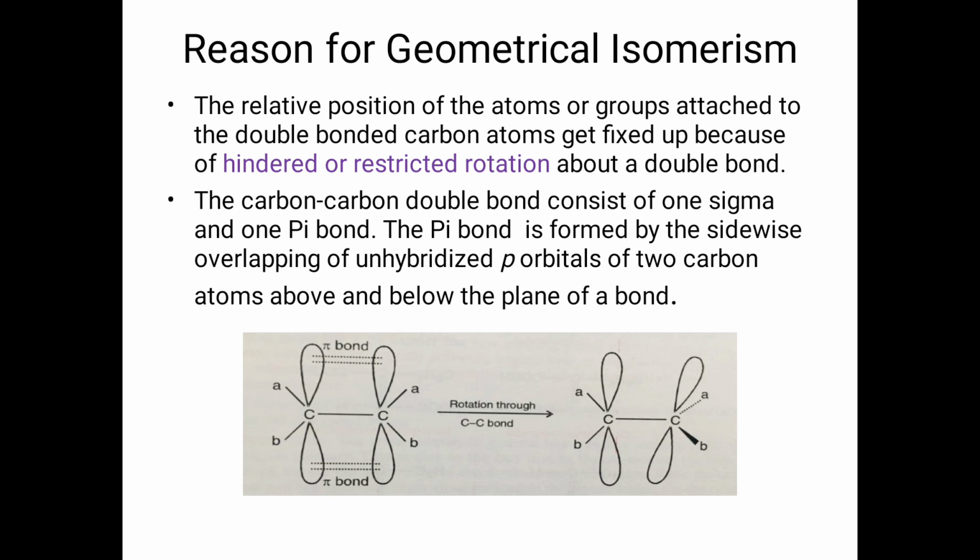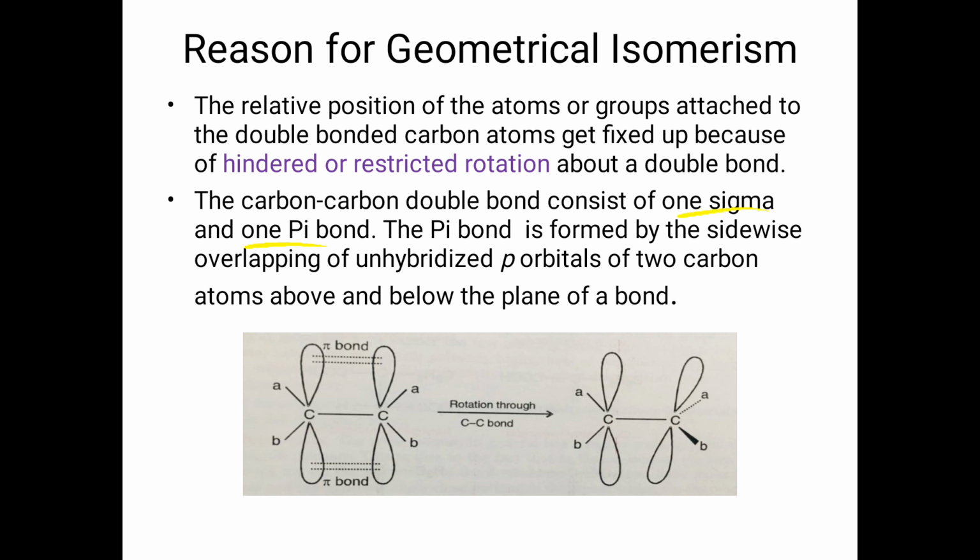The carbon-carbon double bond consists of one sigma bond and one pi bond. The p orbitals are perpendicular to the sigma bond.